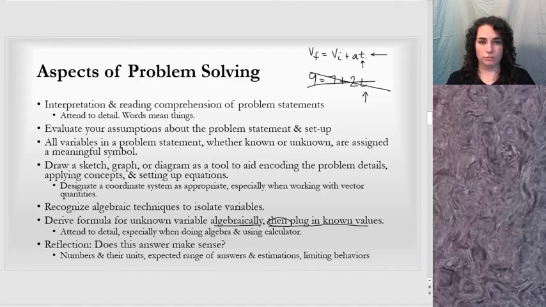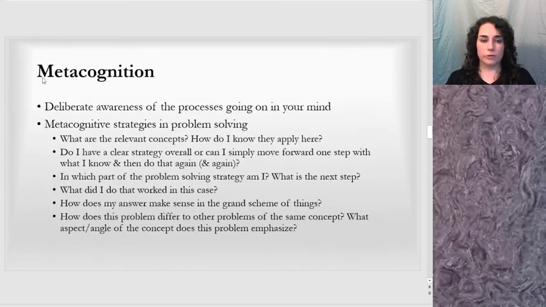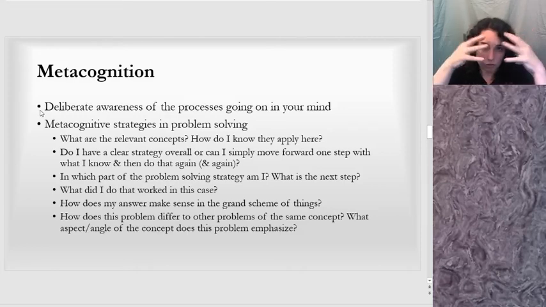Another thing I'm going to emphasize is metacognition, or this deliberate awareness of the processes going on in your mind while you're learning and problem solving, right? What we're really doing when we're sharpening is building neural networks, right? Neurons communicate with one another, and the system gets going and clumped together, and then they start firing together, and the more it fires together, the stronger the network will be.